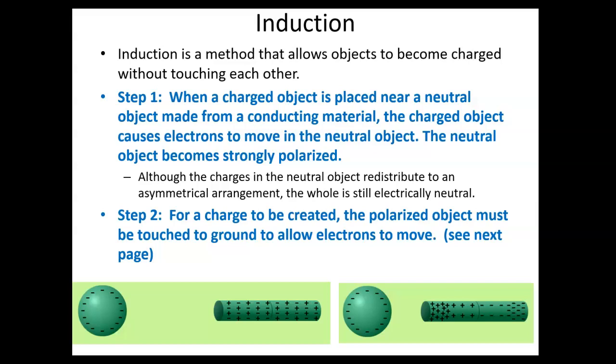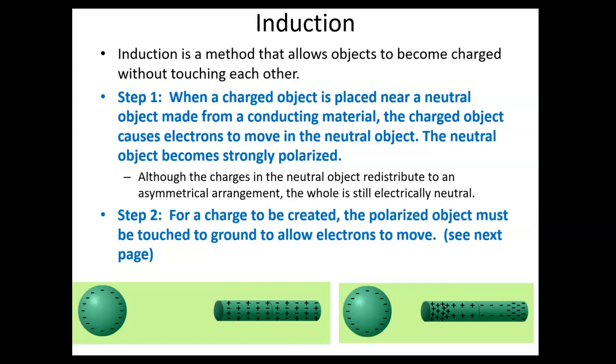So when the charged object is close to the conducting object, the conductor becomes strongly polarized. It has freely mobile electrons, which are able to move to one side of the object.